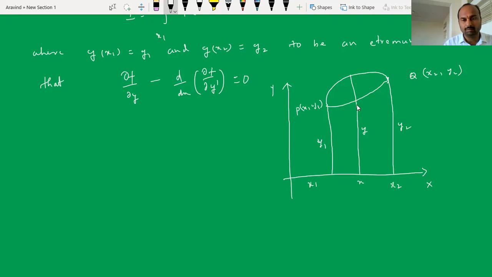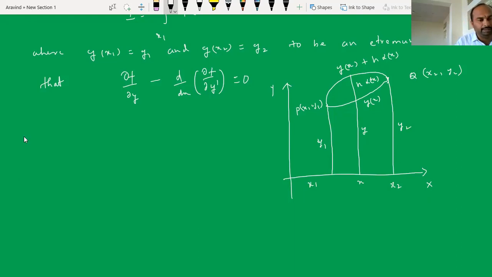This curve is denoted by y(x). The width is given by h α(x), whereas this curve is y(x) + h α(x).